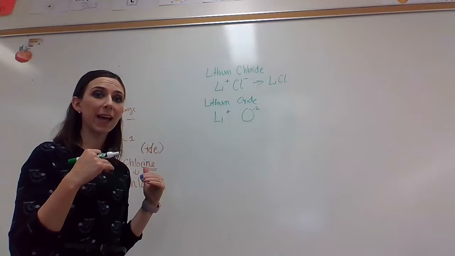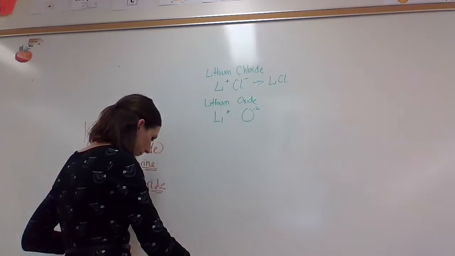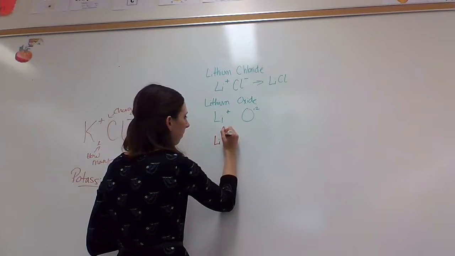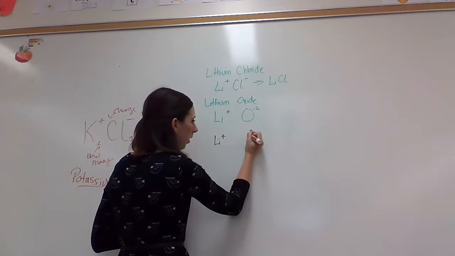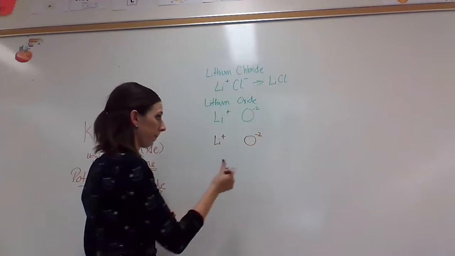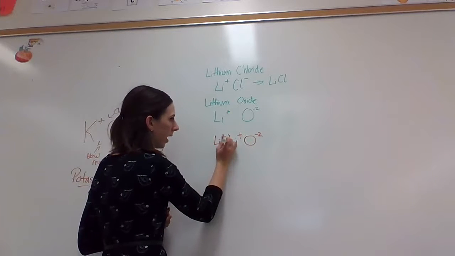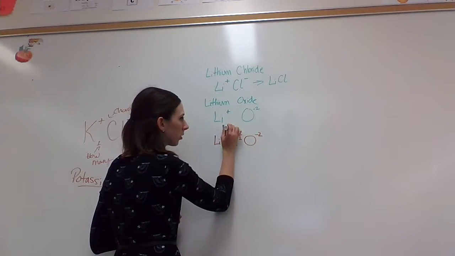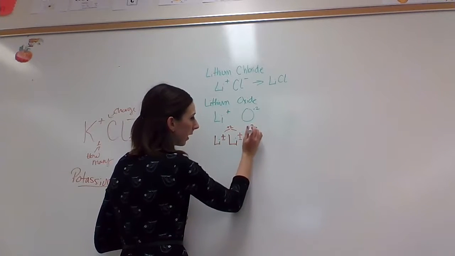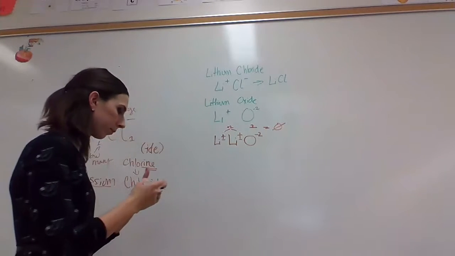You want it to balance out and have a neutral charge. So to get that, you have lithium +1, oxygen -2. You need 1 more +1. So you're going to add 1 more lithium. So you can have 2 positive lithiums, 2 negative charge on oxygen, and that's going to balance out to a charge of 0.